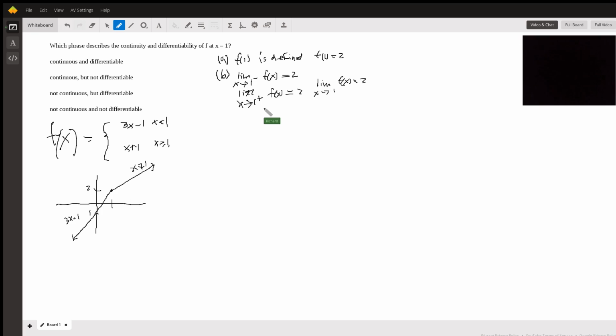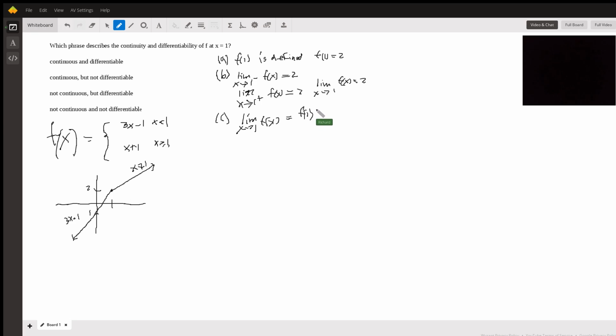is equal to 2. And then the only other thing that we have to prove on continuity is whether the limit as x approaches 1 of f of x equals f of 1.